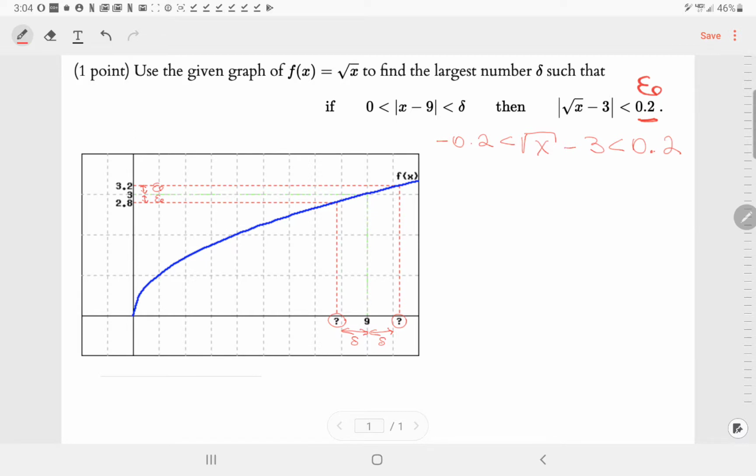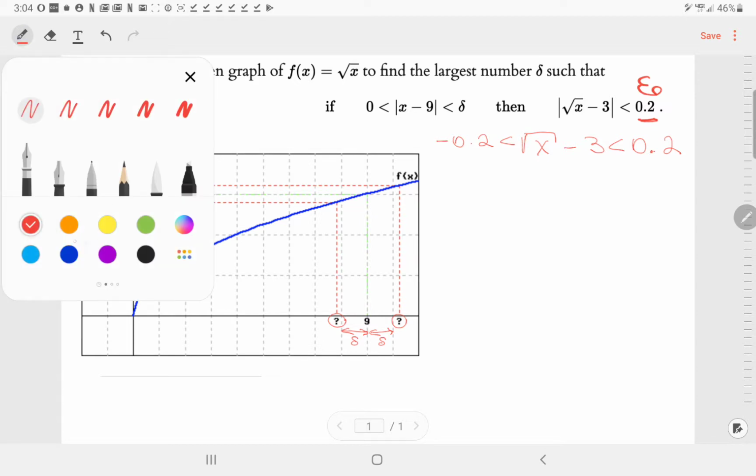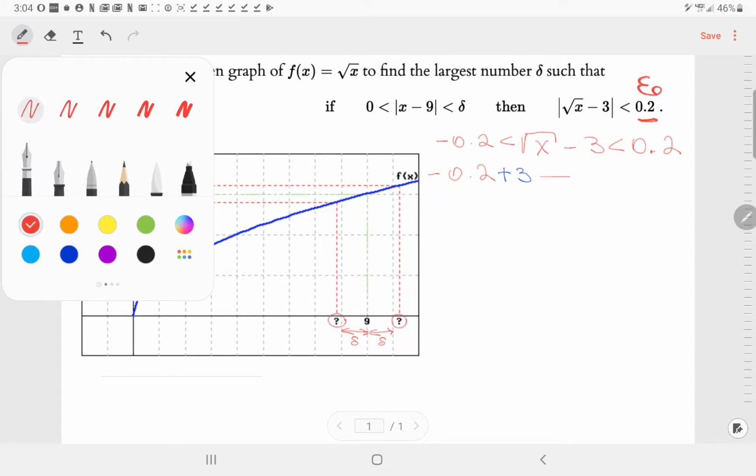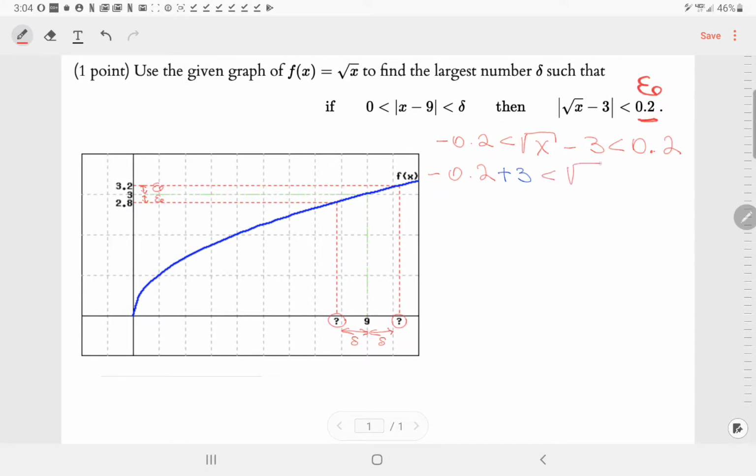So if we add 3 everywhere, I'll change the color so you can see it. So we are adding 3 to this part. Is less or equal to square root of x minus 3.